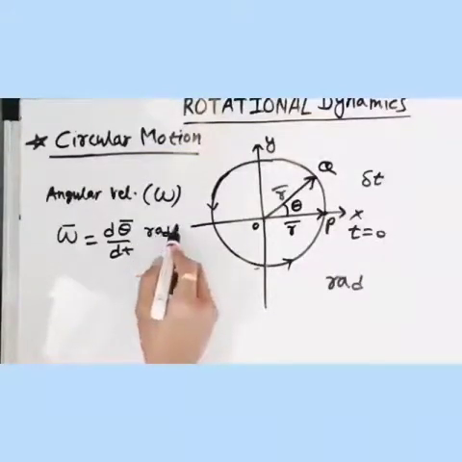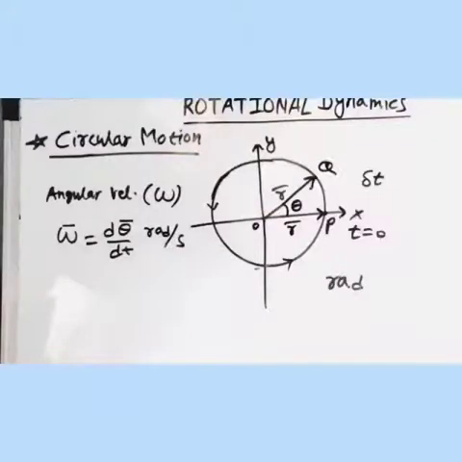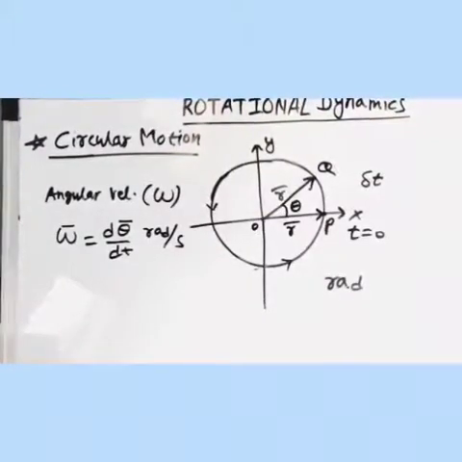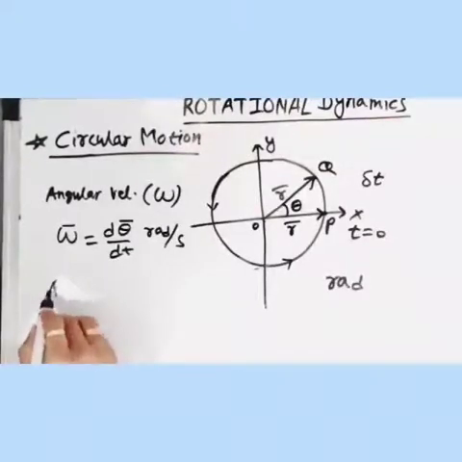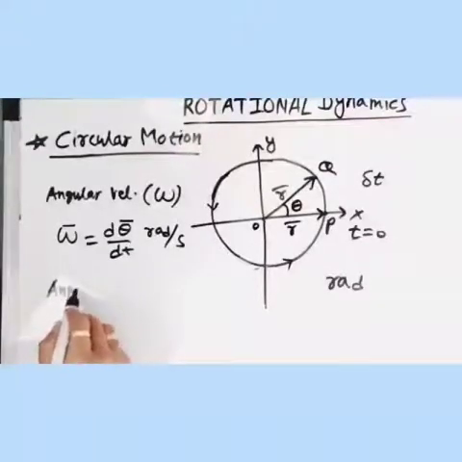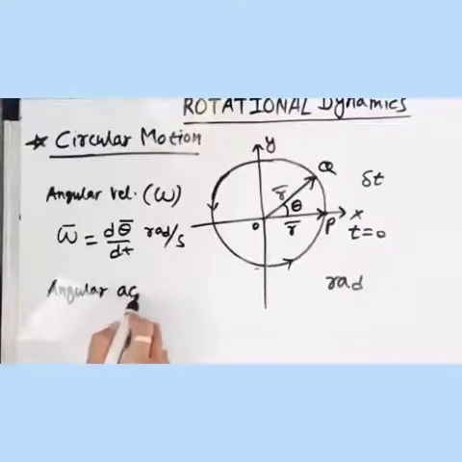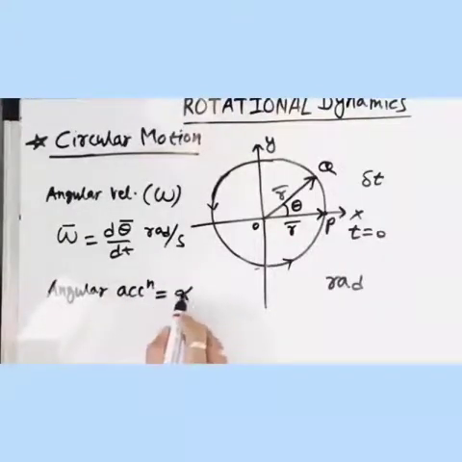and the SI unit of angular velocity is radian per second. Now the next physical quantity in circular motion is angular acceleration, which is denoted by the letter alpha.